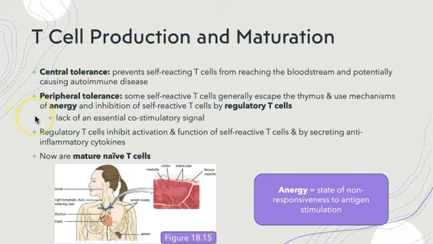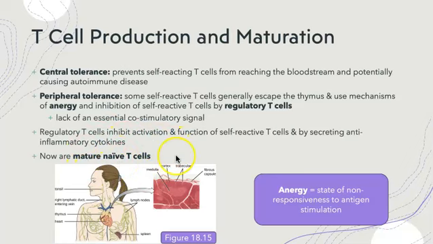So essentially, they are not receiving a co-stimulatory signal. And in that way, our regulatory T cells are able to inhibit activation and function of those self-reactive T cells by secreting anti-inflammatory cytokines.